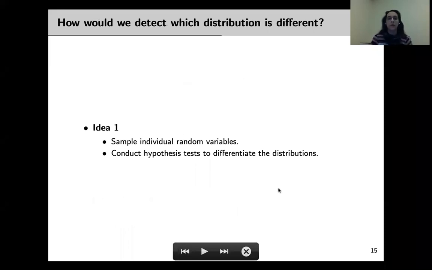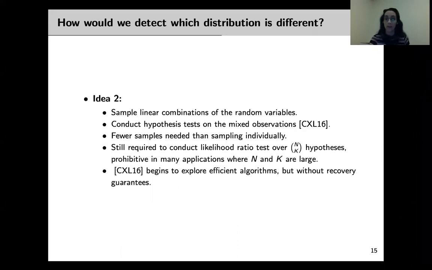Okay, so how would we detect which distribution is different? As I was saying, you could sample individual random variables and conduct hypothesis tests in order to differentiate the distributions. Well, that's going to be an awful lot of samples and an awful lot of hypothesis tests if we want to do it that way. So another idea is, instead of sampling the distributions individually, maybe we want to sample linear combinations of the random variables.